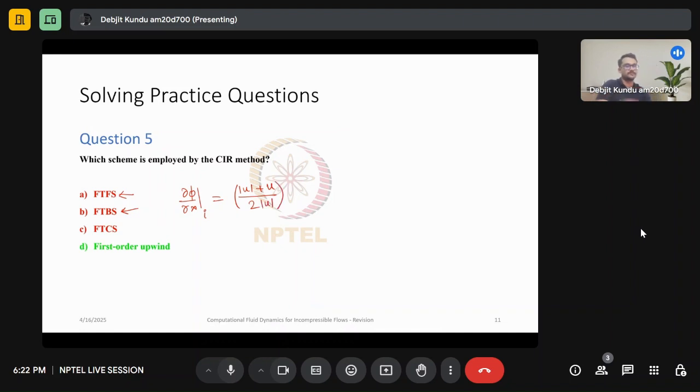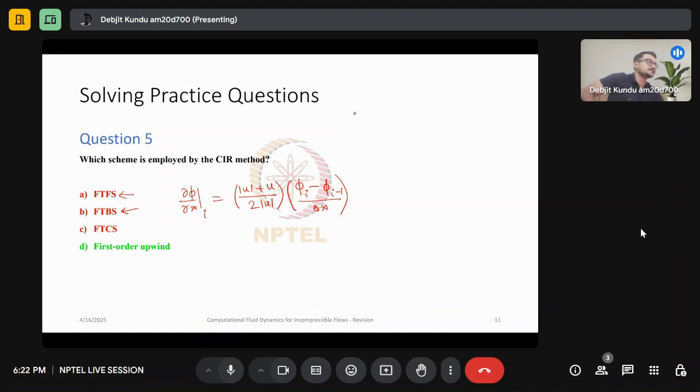So this is when u is positive. So then your upwind scheme should have been phi i minus phi i minus 1 divided by delta x.